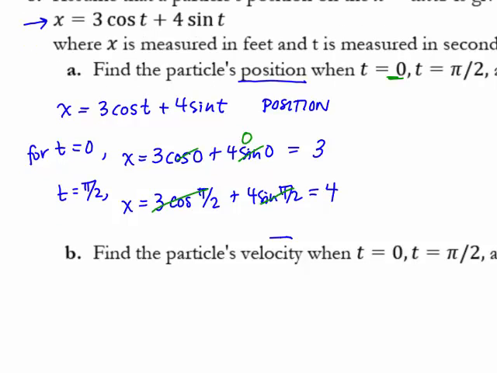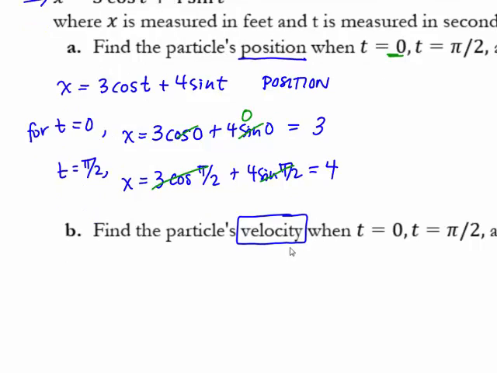However, if we are looking for the velocity, then we want to talk about the rate of change of this particle. If this is its position, what is its velocity? And the velocity is the derivative of position.